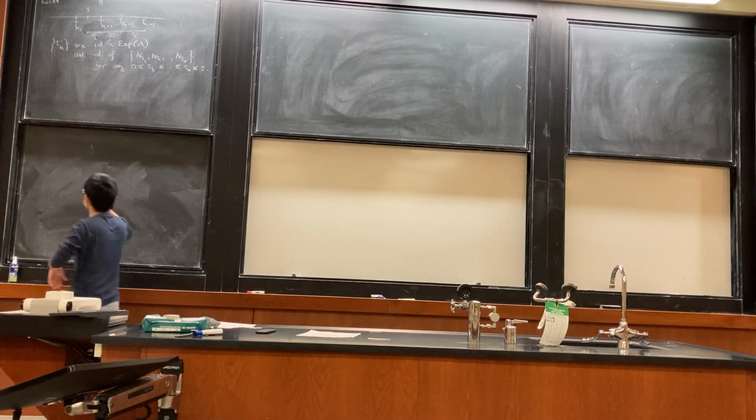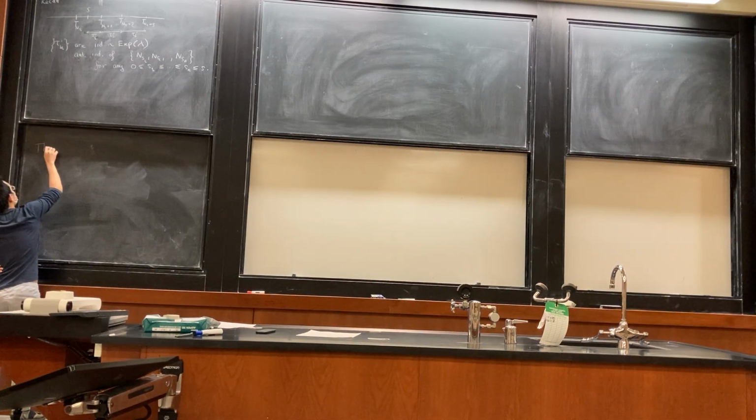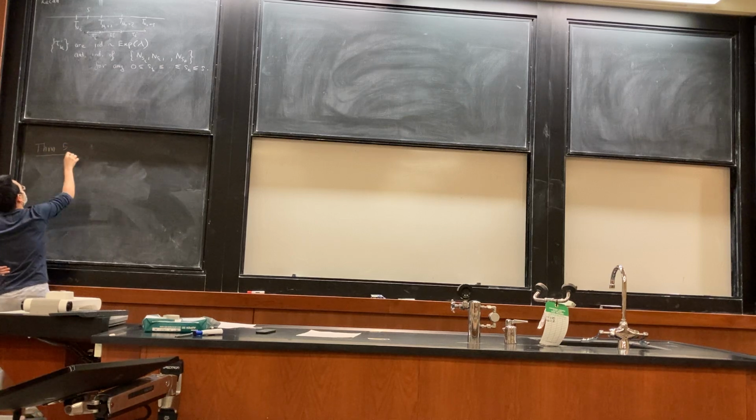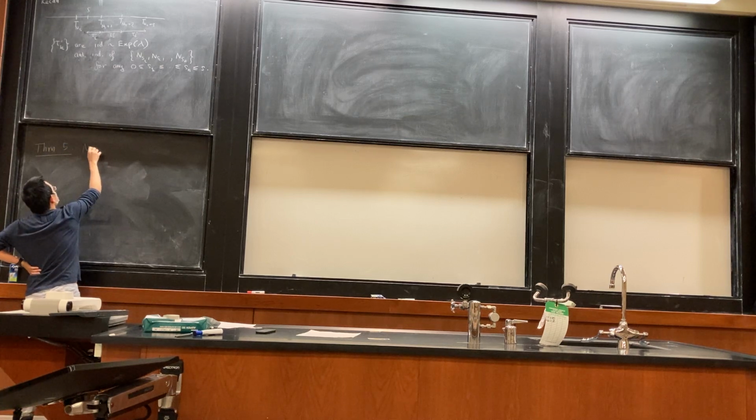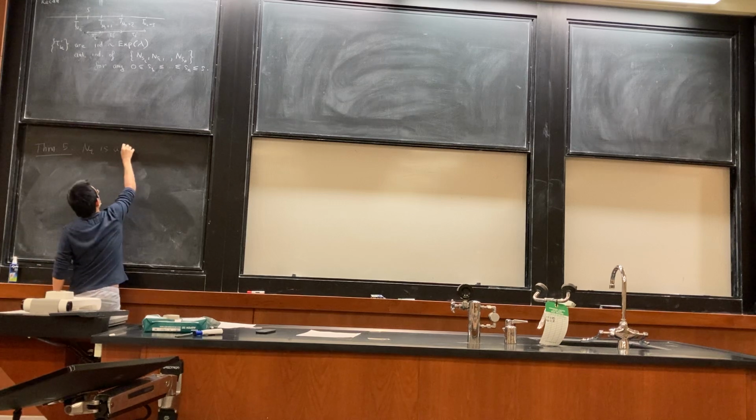Zero. Right? So we call it Theorem 5, I believe. And N_t is a Poisson process.